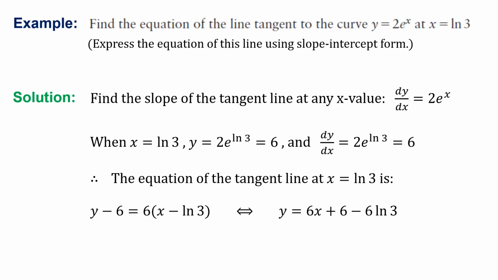Therefore, we know the equation of this line at this point is y minus 6 equals 6 times (x minus ln 3). This is called the point-slope form, right? Then we can convert that to the slope-intercept form, which gives us y equals 6x plus 6 minus 6 times ln 3.